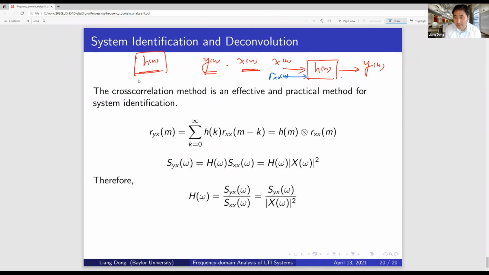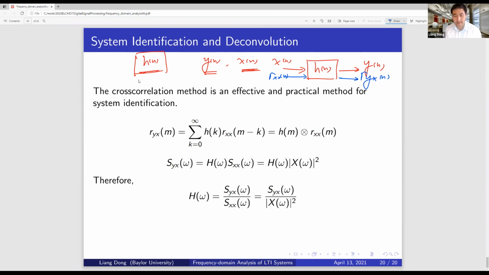And then this output will be a cross correlation between Y and X. This cross correlation is also a much more stable measurement than the output signal Y.